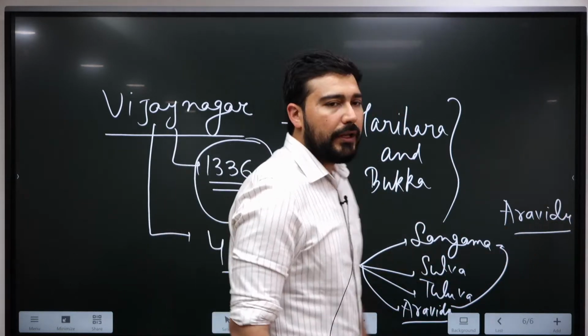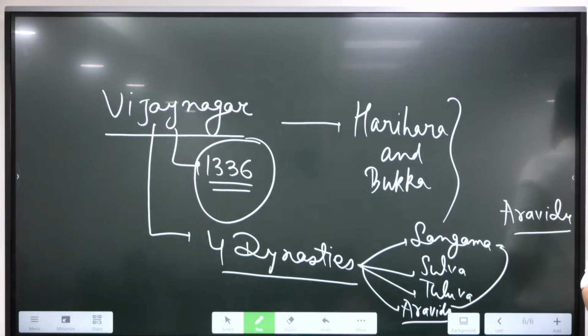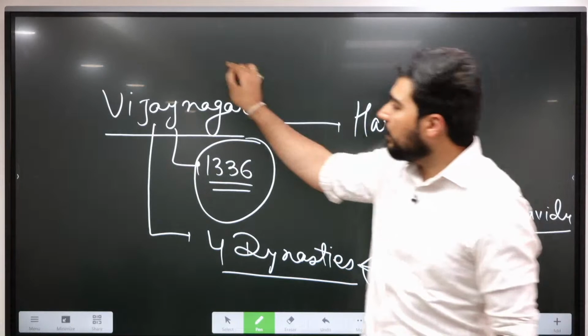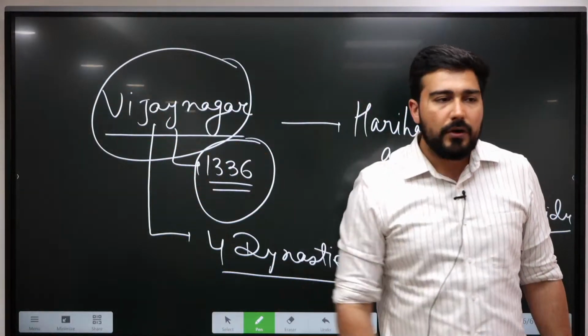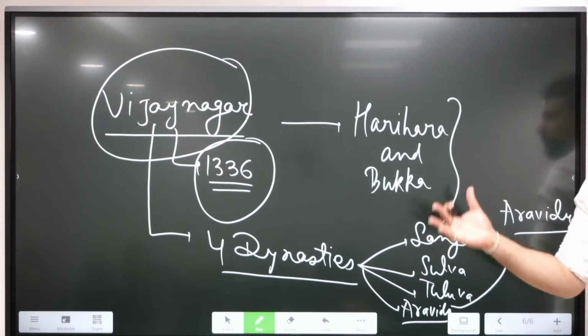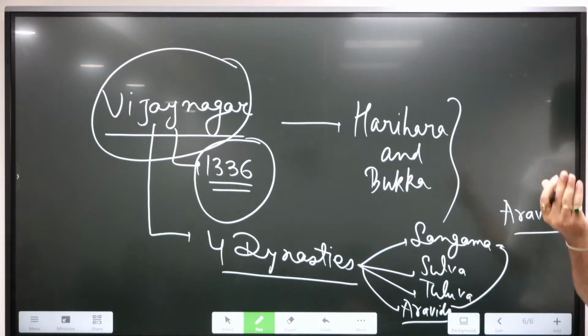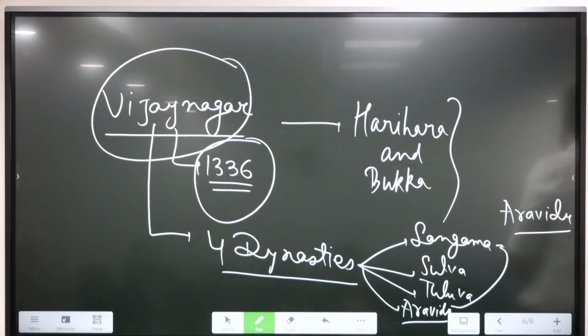These are the four dynasties which ruled over the era of Vijayanagar. Now, Vijayanagar has a lot of important features which we have to understand.